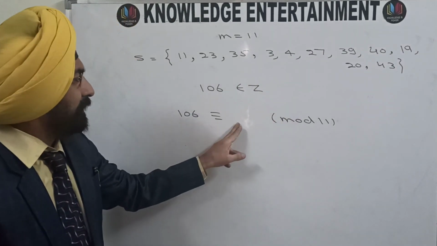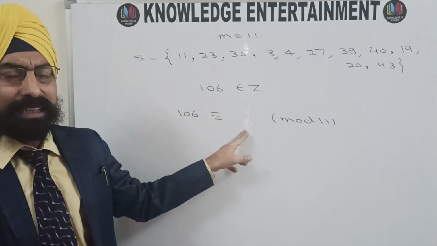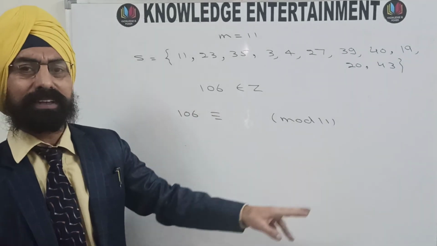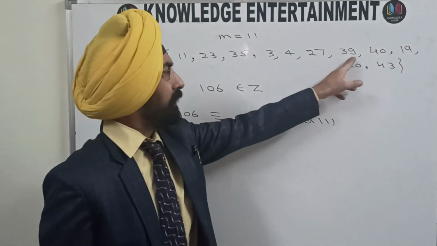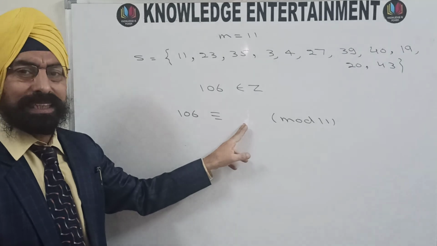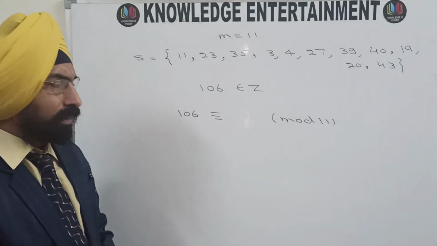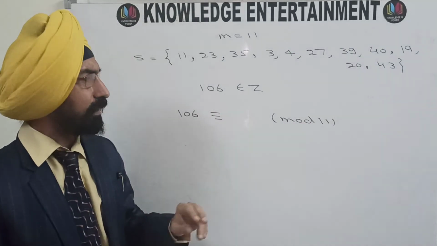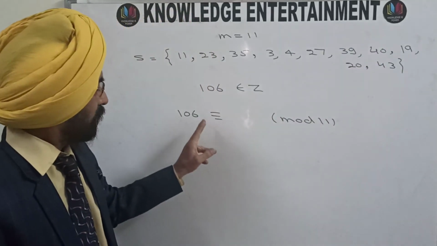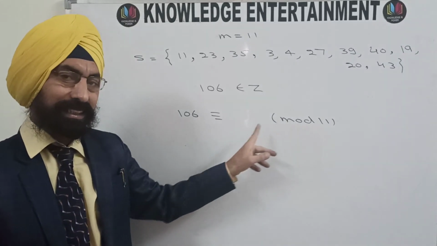If you take 27, the difference will become 79. And 79 is also not divisible by 11. So 27 will not be there. What about 39? If you take 39 here, the difference will become 67. 11 does not divide 67. So 39 cannot be here. What about 40? 106 minus 40, it is 66 and 11 divides 66.